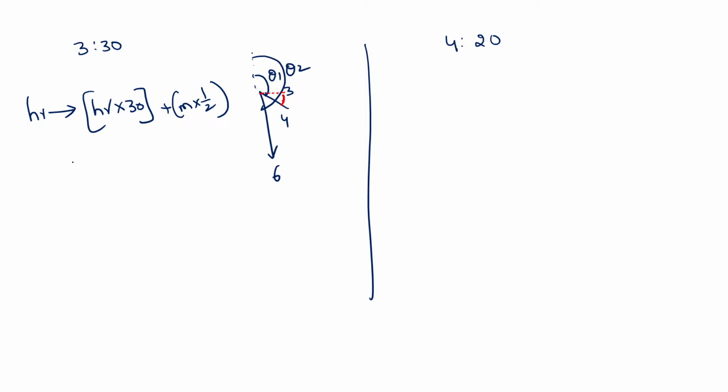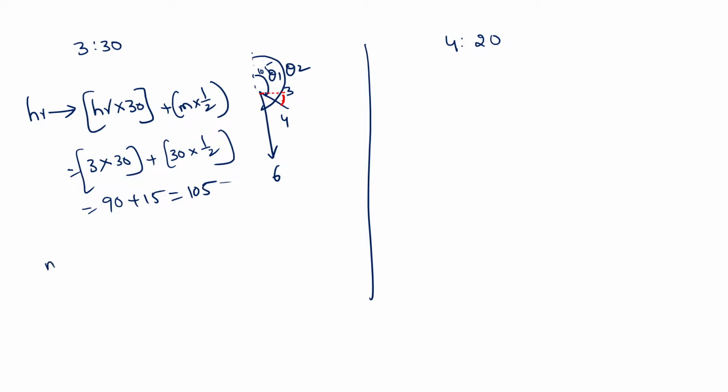So in our example, how many hours are there? 3. So 3 into 30, because 1 hour equal to 30 degrees, plus how many minutes are there? 30. Add those many offs. So 90 plus 15, you are going to get 105. So from here to here, the theta 1 is going to be 105.